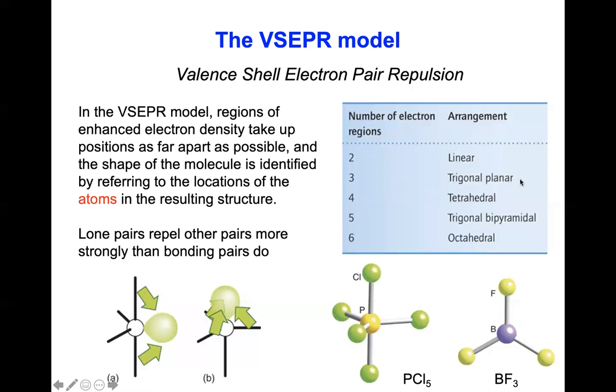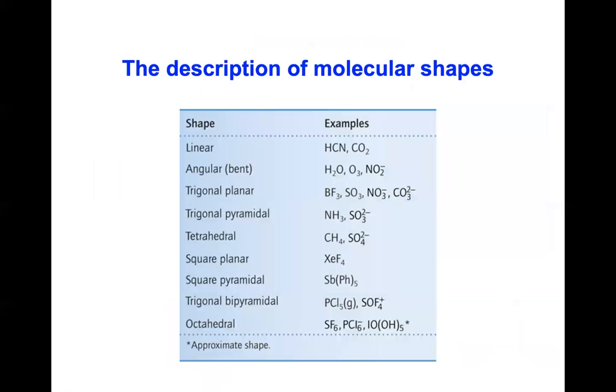So we are going to have different geometries for different molecules or ions: linear, bent, trigonal planar, and also tetrahedral, square planar, pyramidal, octahedral.